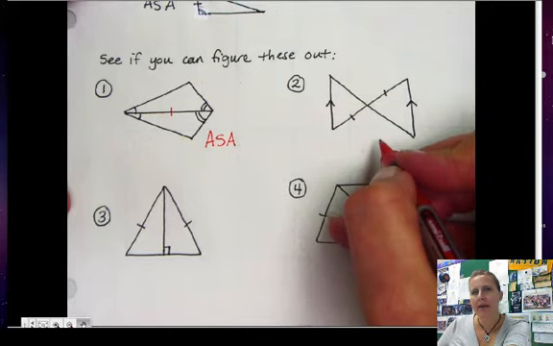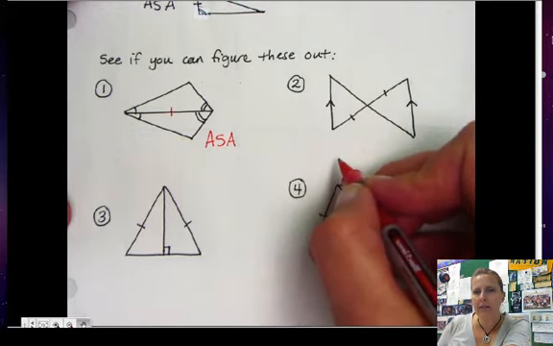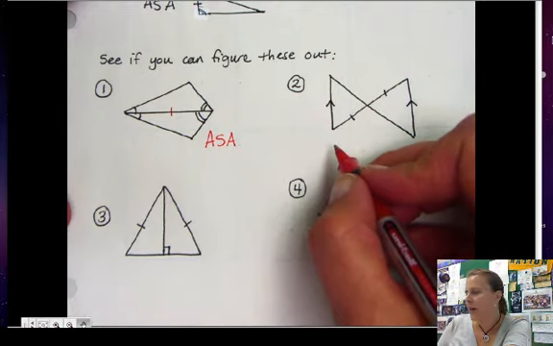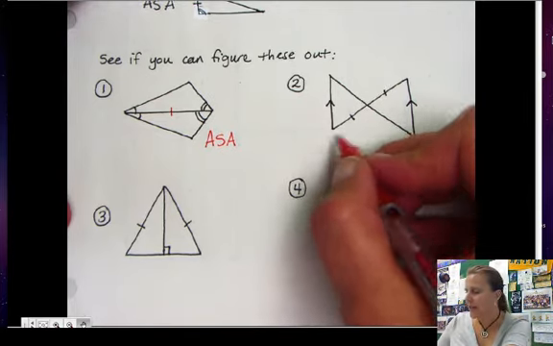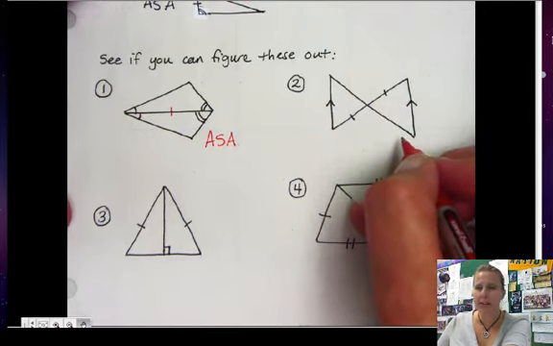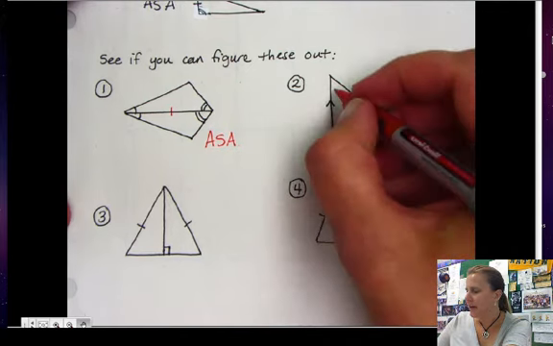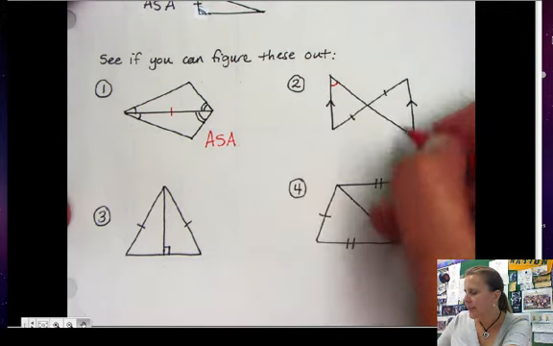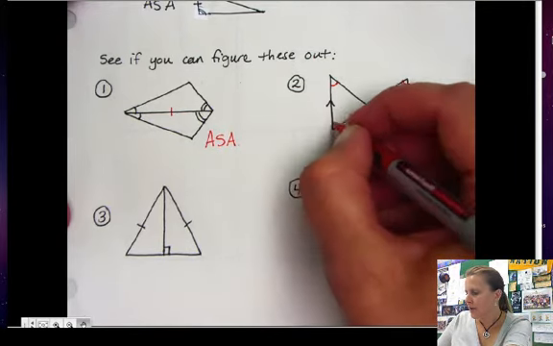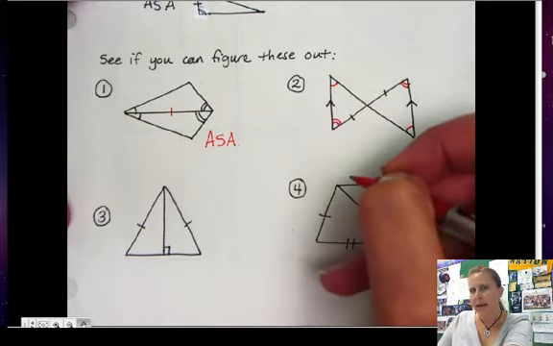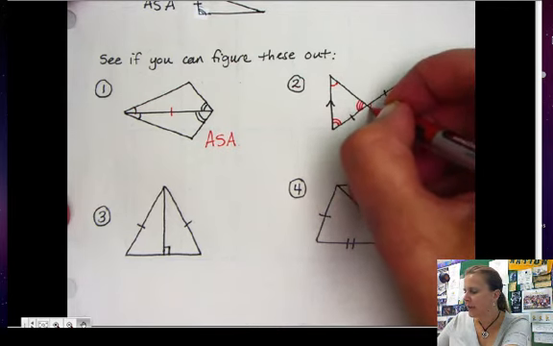Here we have 2 lines that are parallel. Whenever you're given parallel lines, always look for angles. There's angles somewhere in the picture. Parallel lines means angles, otherwise they wouldn't give it to you. So if we have these parallel lines, we have that the alternate interior angles are equal here. These are also alternate interior angles. And wait a second, we also have vertical angles.